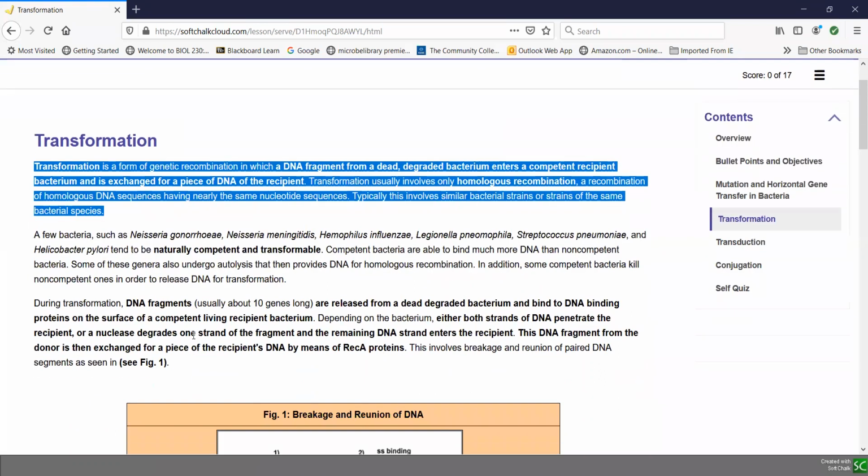And then there's a little more detailed description of how that process works. Now, again, since there's no asterisk after that, this is the basic description you need to know. But again, it's important to understand the process, not just memorize the words, so that you can visualize it better and use that to help you answer the question.